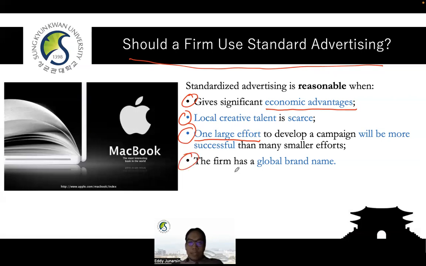And also, if the firm has a global brand name, you can imagine this kind of product, as shown on the screen, the MacBook or the iPhone or something like that, a global brand. Also luxury brands, maybe automobile products as well, especially the high-end products. They want to enforce and emphasize the global brand name rather than local responsiveness or local adjustments.